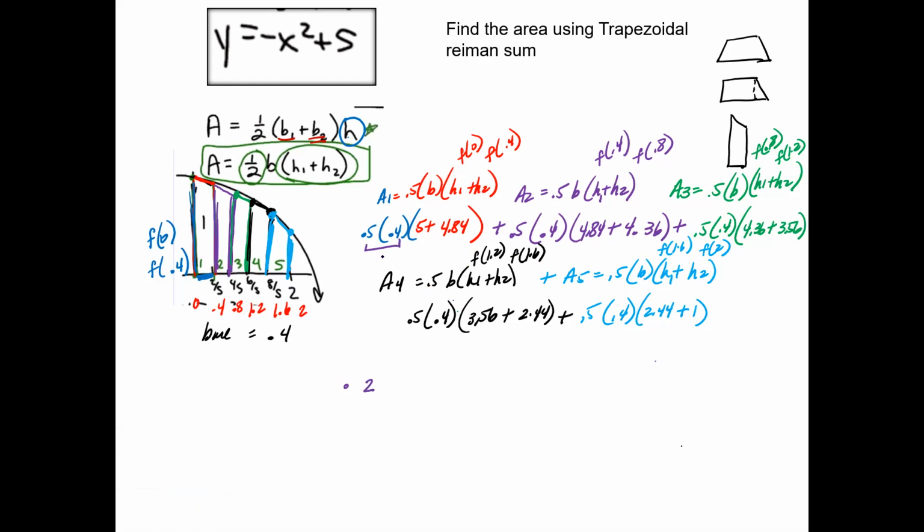Okay, so this part right here is going to be a 0.2 times 5 plus 4.84. This piece right here is going to give me a 9.84. Plus, let's take a look at over here. 0.5 times 0.4 is a 0.2 times 4.84 plus 4.36 is going to give me a 9.2.